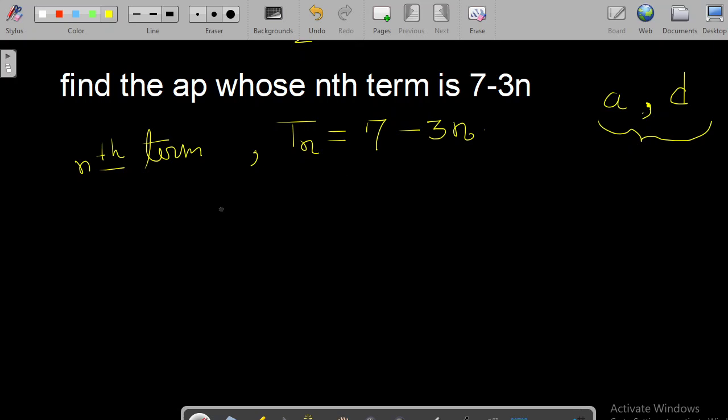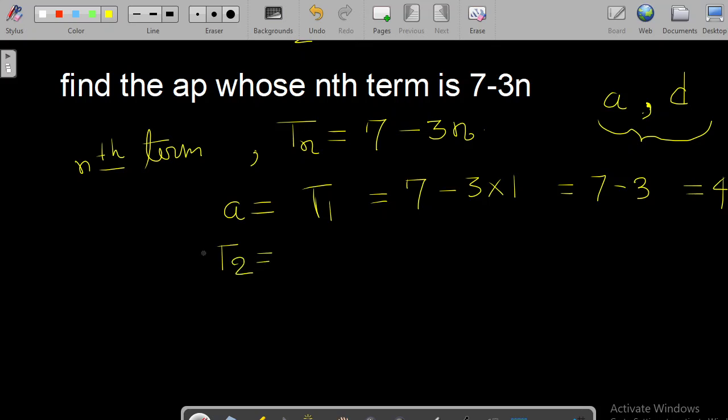So here I am going to find the first term, which is a, that is nothing but T1. If you replace n with 1, it will be 7 minus 3 into 1, that is 7 minus 3, which is 4. Now I find the second term, T2.